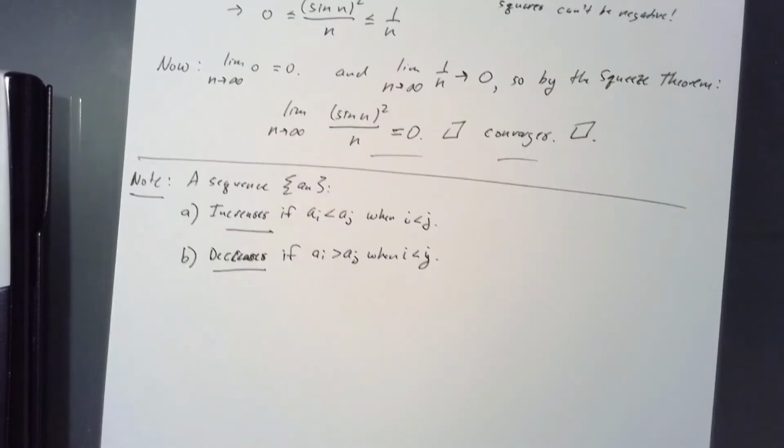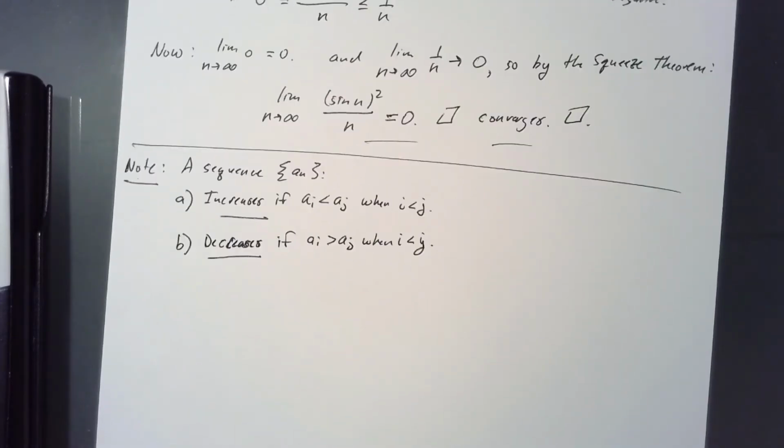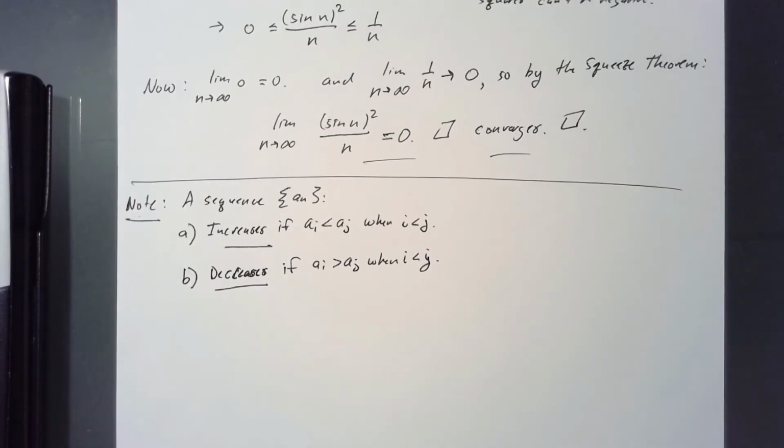But there's also a very useful technique that you learned in Calc 1, and it involves the first derivative. Well, what do we know about derivatives? They have a lot of interpretations, but one of them is what? You learned this in Calc 1.